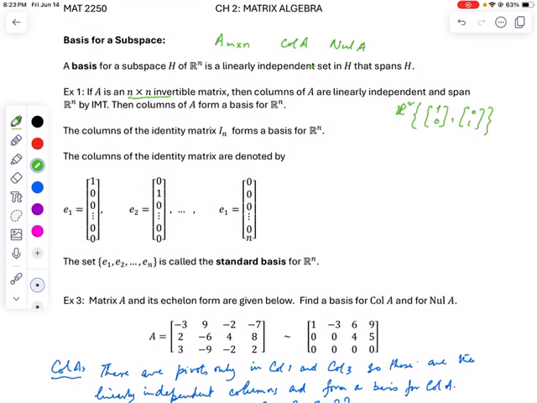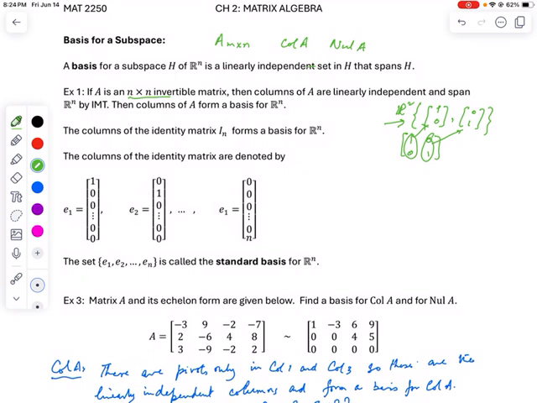The columns of the identity matrix In form a basis for Rn. That's what I showed you here, because the identity matrix for space 2 will be this. That is the first column here, and this is the second column here. So they form a basis for the space.